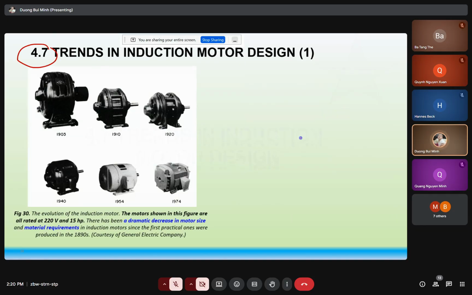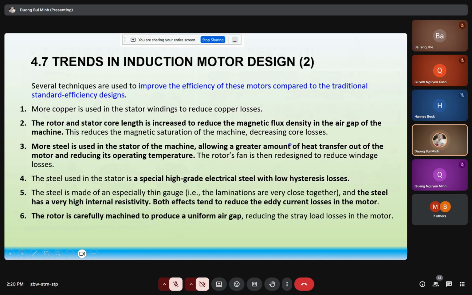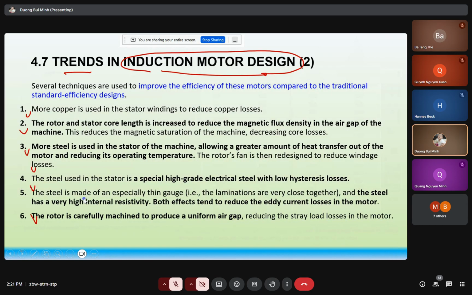4.7 is for your reference. We have some trends in industrial motor designs. When you read number 1, 2, 3, 4, 5, 6, you can understand what the next generation of industrial motor designs is.